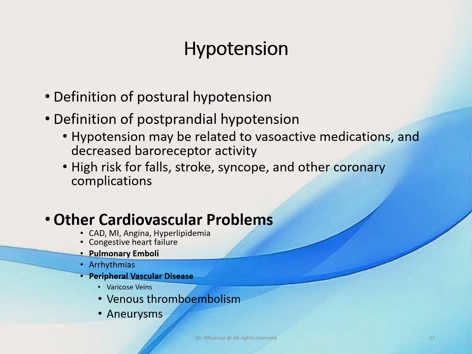Other cardiovascular problems to keep in mind are coronary artery diseases, myocardial infarction, angina, hyperlipidemia, and congestive heart failure. Also pulmonary emboli, arrhythmias, peripheral vascular diseases, varicose veins in the skin, venous thromboembolism that can happen very easily in older adults, and aneurysms, especially the aortic aneurysm.